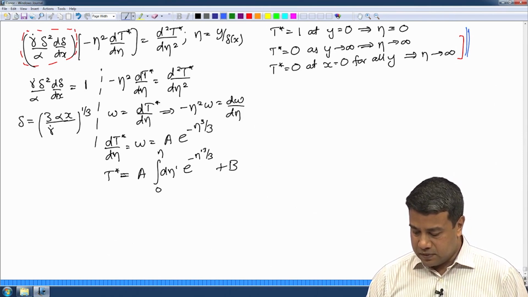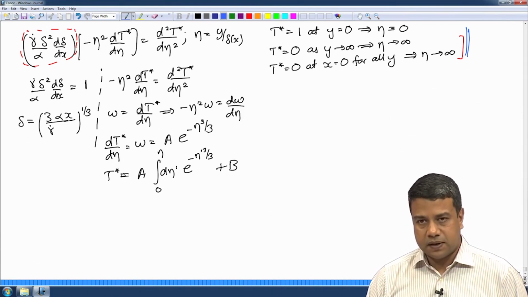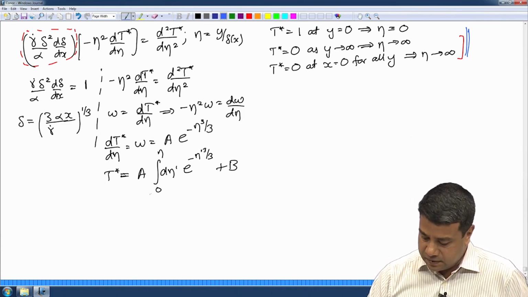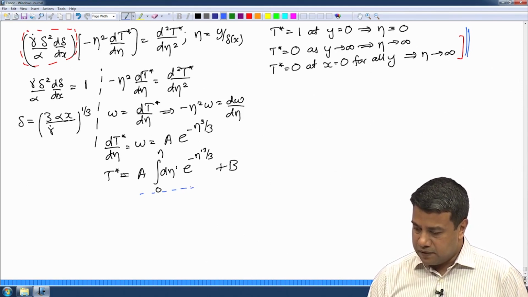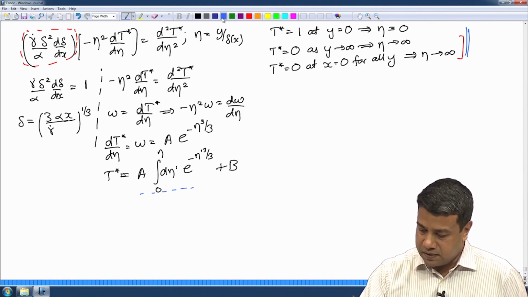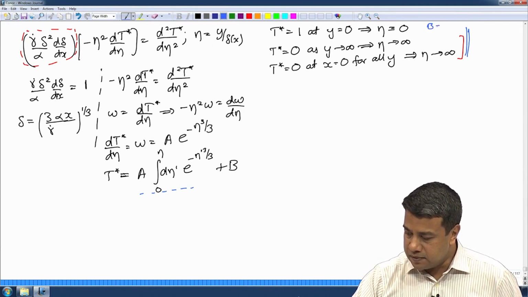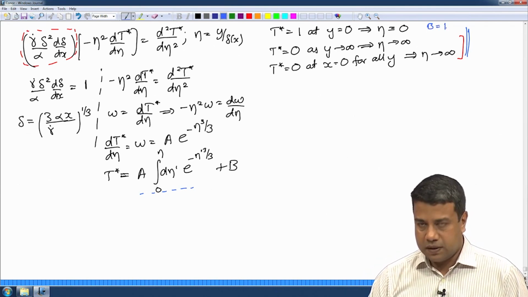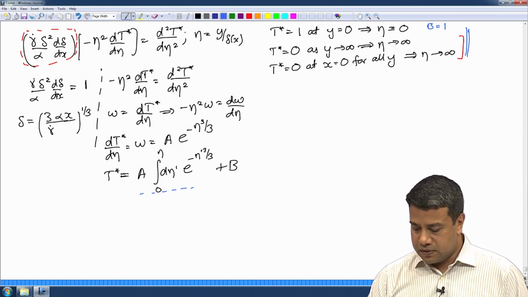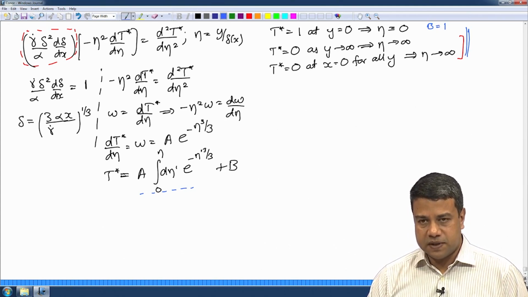At eta is equal to 0, T star is 1. At eta is equal to 0, this first term is equal to 0. Therefore, if T star is equal to 1 at eta is equal to 0, it implies that b is equal to 1. And as eta goes to infinity, the temperature has to be 0.